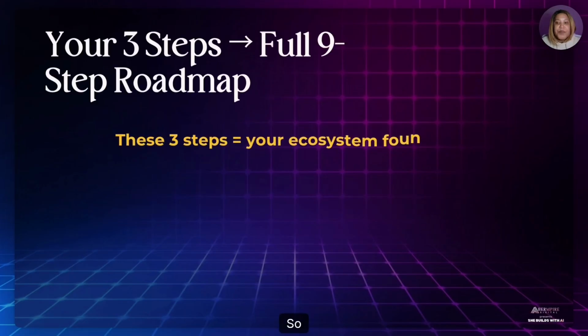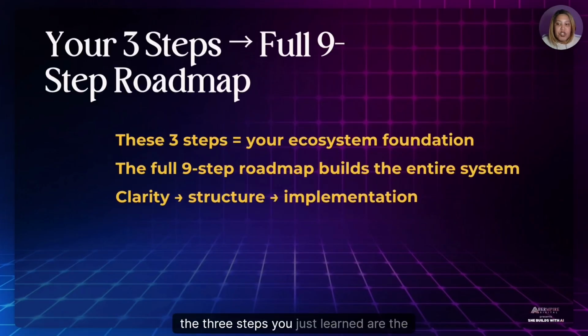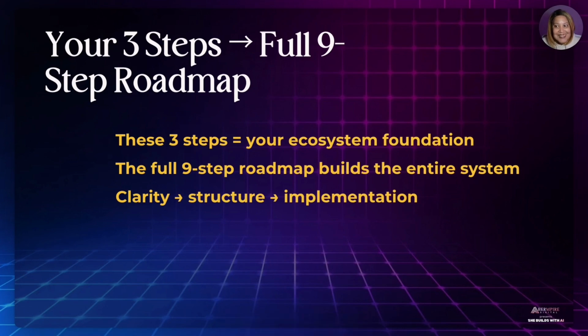Okay. So the 3 steps you just learned are the foundation to the digital ecosystem. Inside of my full 9 step roadmap, you build out every part of your content system, your community rhythm, your offer stack, your automation flow, and more.